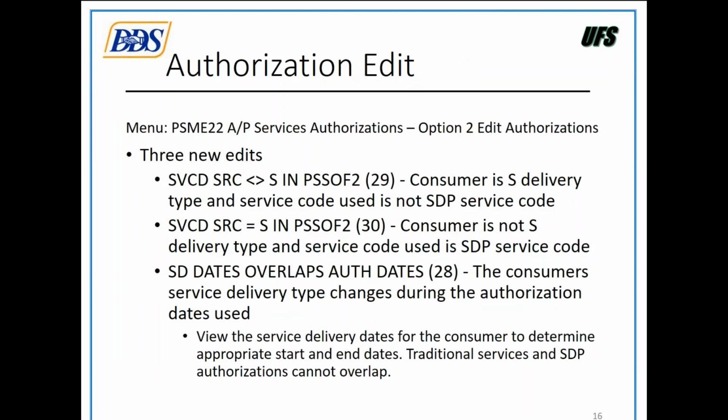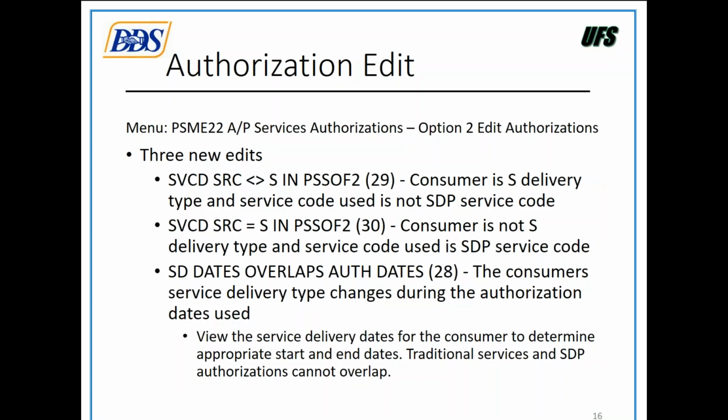We built in some additional authorization edits to account for when the consumer is getting self-determination program services versus when they're getting traditional services, and also whether or not you've used a correct service code based on the time period.